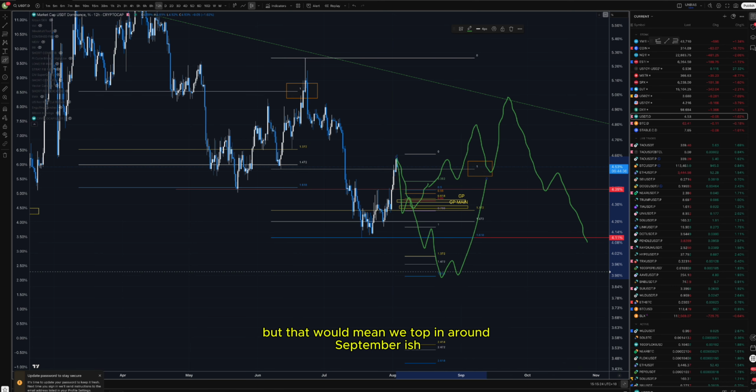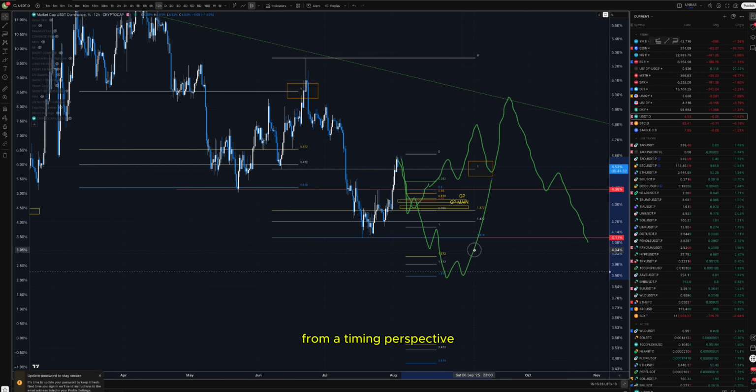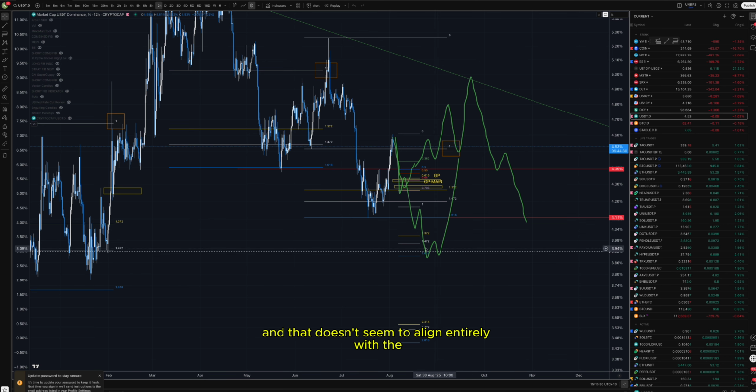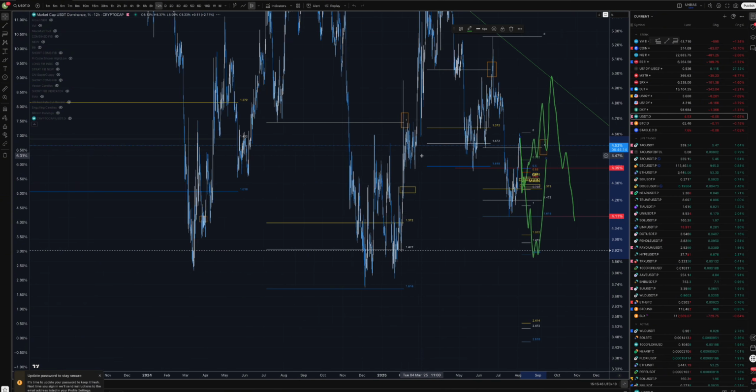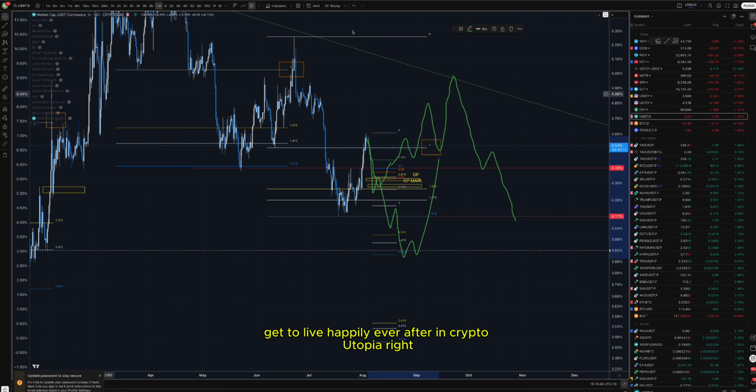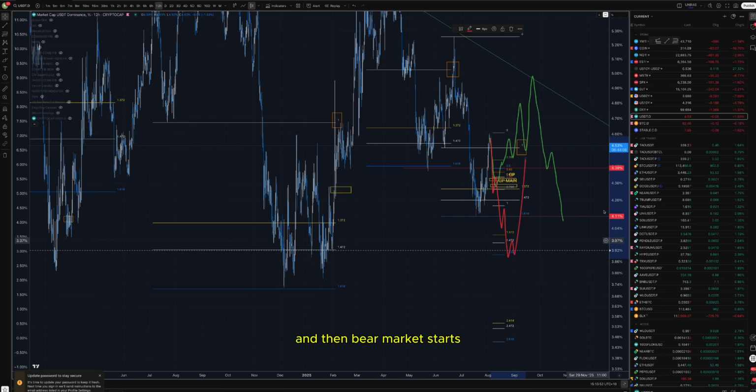But that would mean we top in around September-ish, right? From a timing perspective, that doesn't seem to align entirely with the 4-year cycle theory, because that would be earlier than October, but I could be wrong, right? I'd be happy to be wrong, because then bags pump and we all get to live happily ever after in crypto utopia, right? And then the bear market starts.